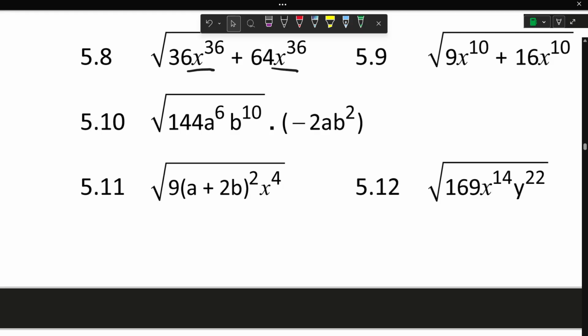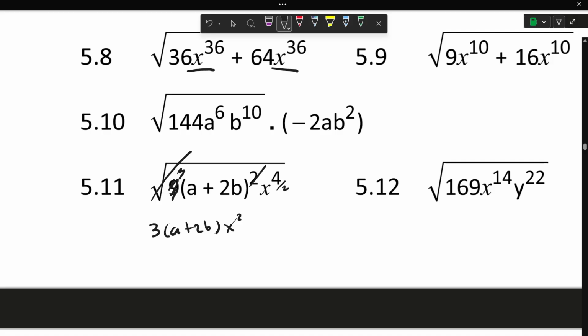5.11. So what we have here is, okay, let's have a look. We're going to take this out, and then it's going to be a plus 2b x squared, because we're dividing this in 2. Once we get this out, the square root of 9 is 3, and this cancels with that because it's 2 over 2.